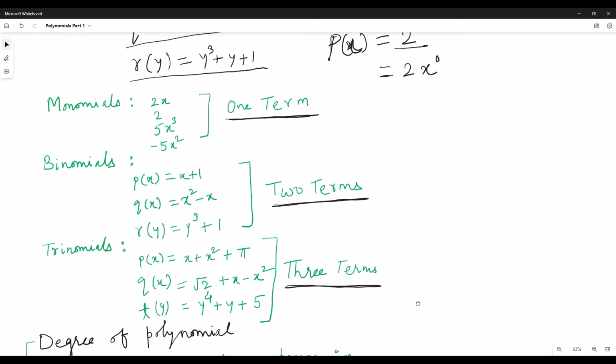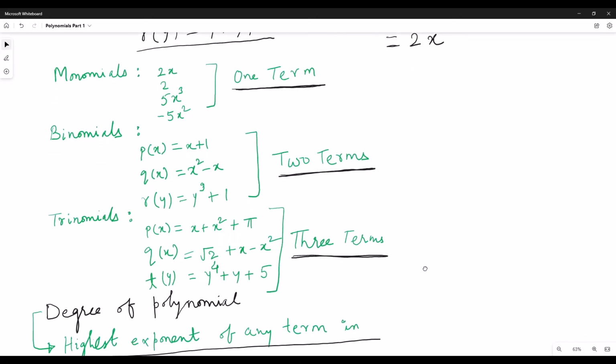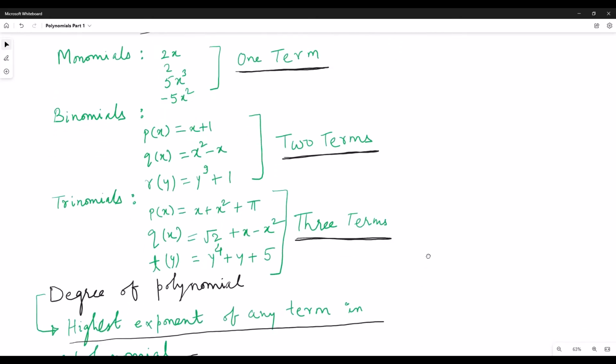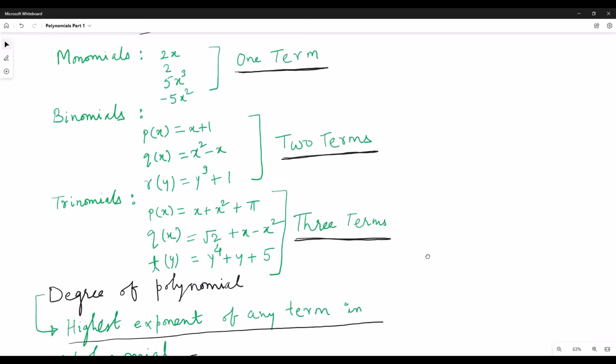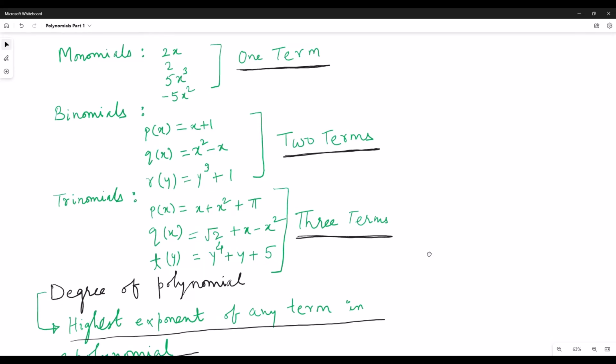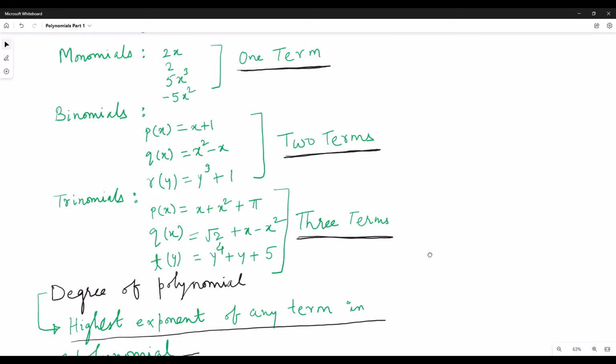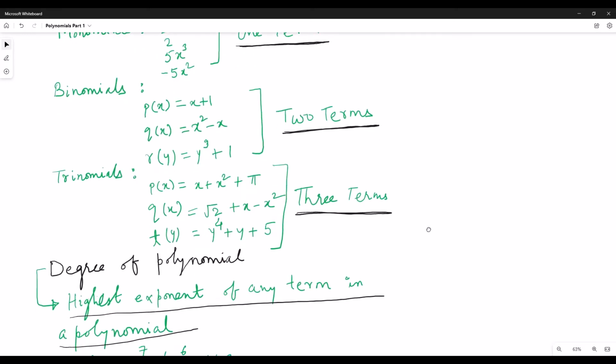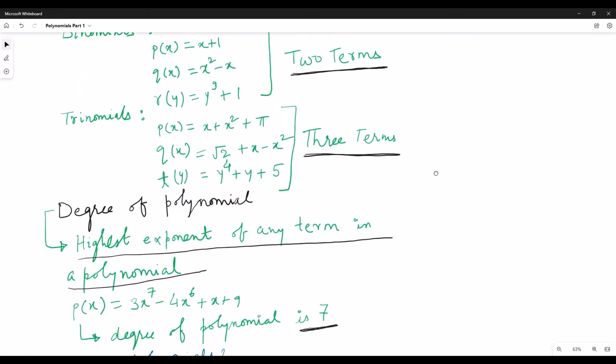It has nothing to do with the degree. 5x cube is a monomial, 2x is a monomial, and even 2 is a monomial. x square minus x is a binomial and x plus 1 is a binomial. These are just naming the polynomial.